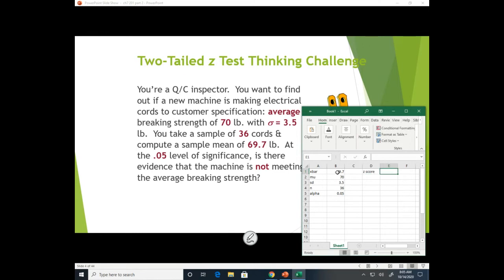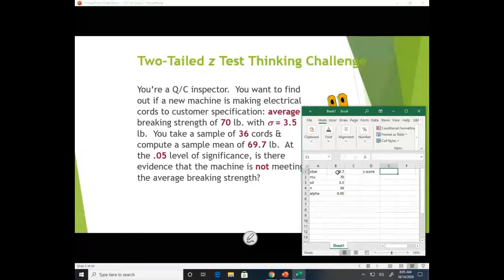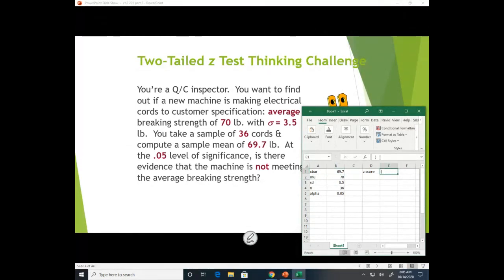To do that, we use the formula: our sample mean minus the population mean, divided by the standard deviation divided by the square root of our sample size.